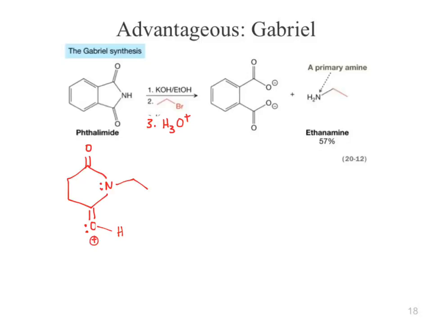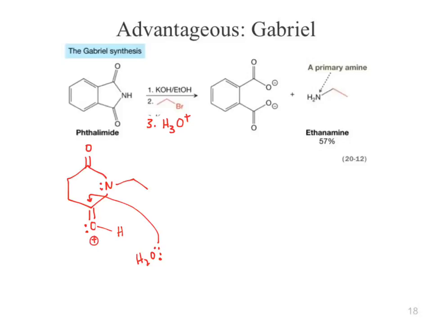Now what would happen? Well, I've got water floating around and I've got that structure. Water can now act as a nucleophile and attack that polar pi bond. We do the exact same reaction. We can do our nucleophilic addition elimination reactions under basic conditions and acidic.